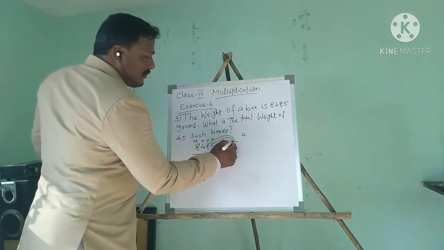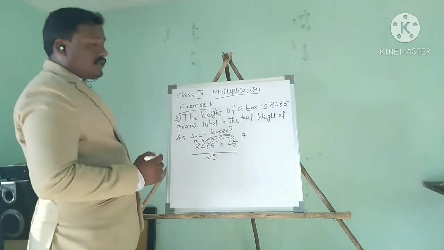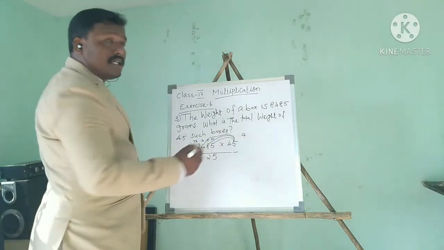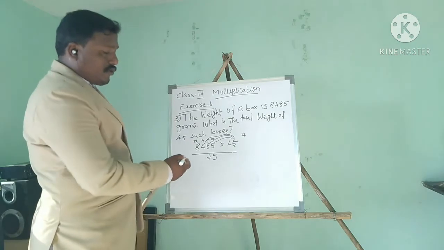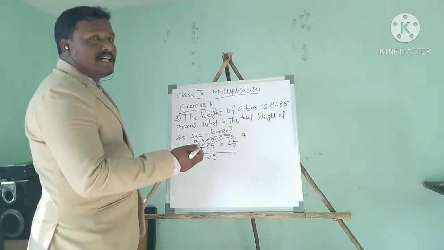Now we take the same 5 and multiply by 4. So 5 4s are 20. 20 plus 4 is 24. 24 we cannot write as it is. We write 4 first and keep 2 as the remainder.